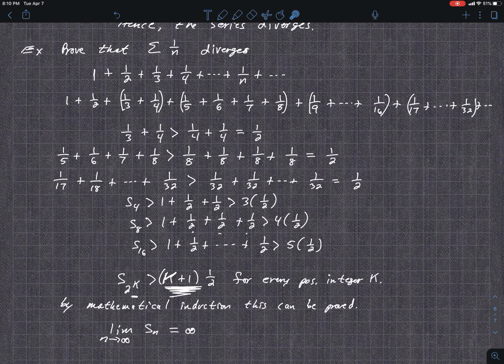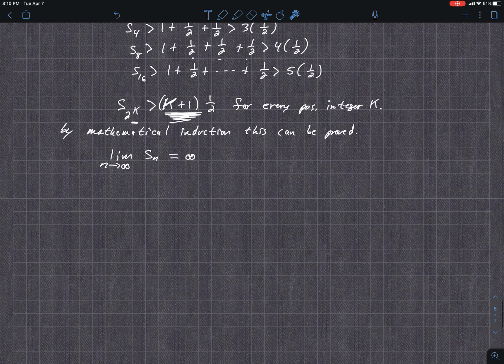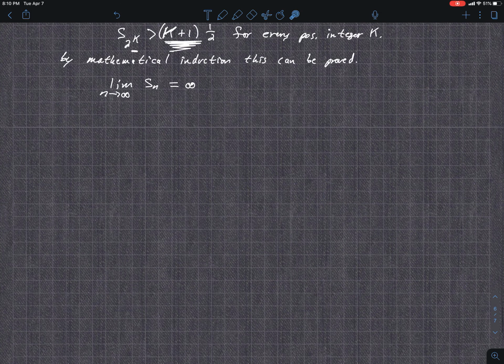Right, so that's important, and again, you won't have to really show that. These types of arguments are kind of hard to follow, but what's really important is you need to know that this summation diverges. That is actually called something. So that's what's called the harmonic series.